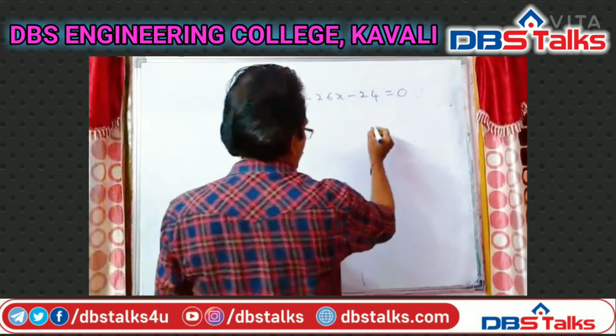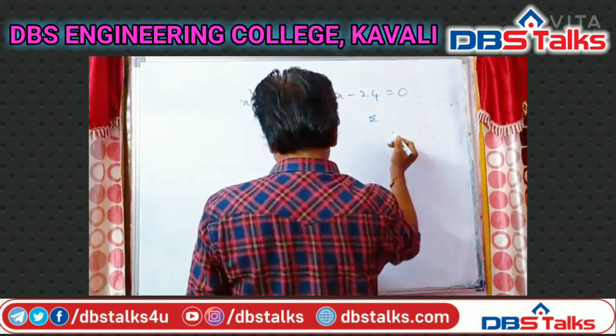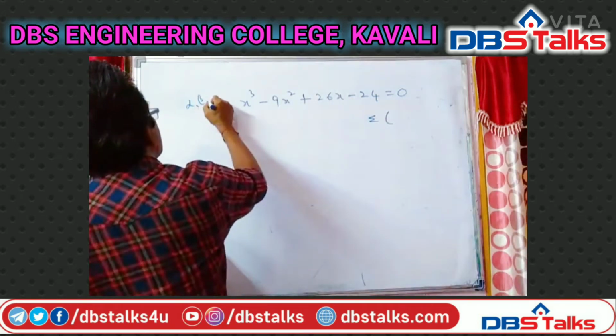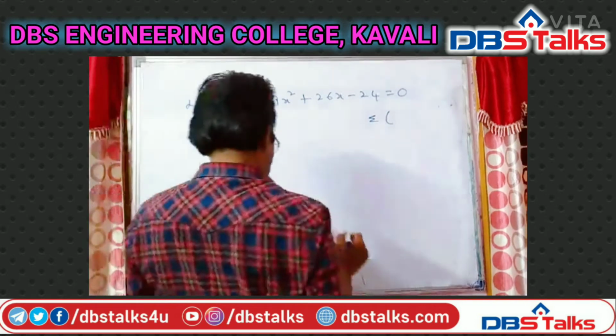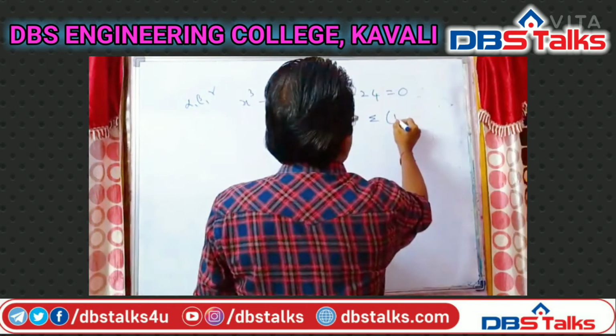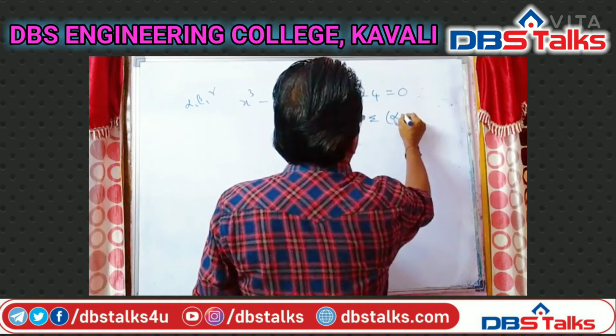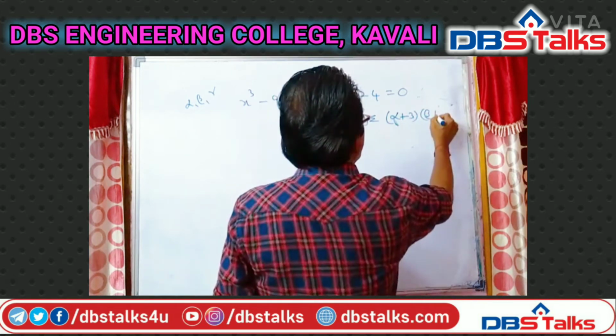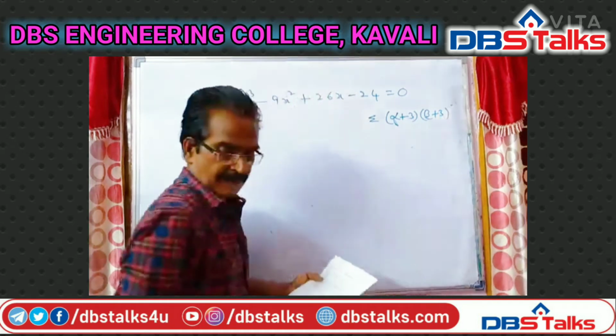Find the value of sigma alpha plus 3 into beta plus 3.